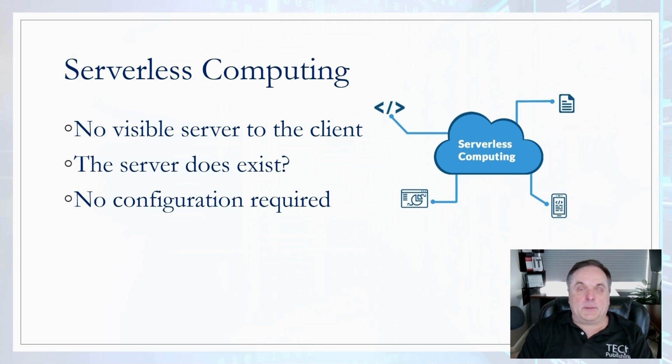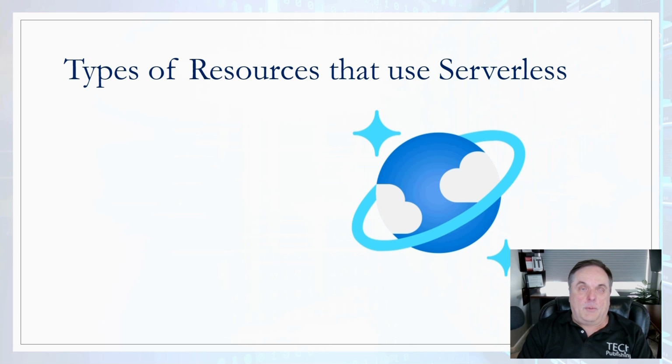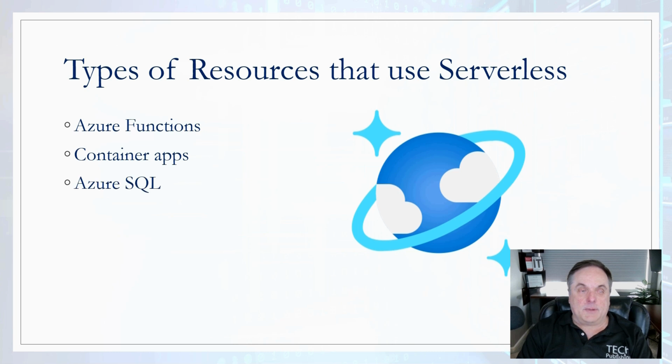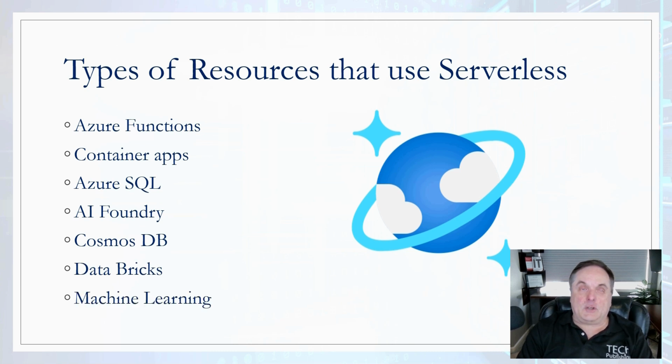It's called serverless computing, but as I mentioned, there are servers, so don't get that confused when you're taking your AZ-900 exam. What about types of resources that can be used for serverless computing? Well, you can use Azure Functions, that's an important one, container applications, Azure SQL, AI Foundry, Cosmos Database, and Databricks, and finally, machine learning.